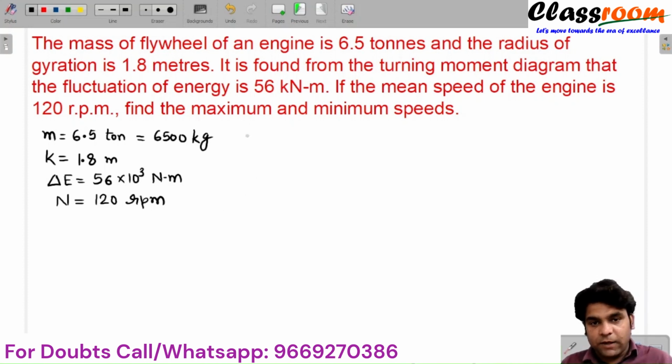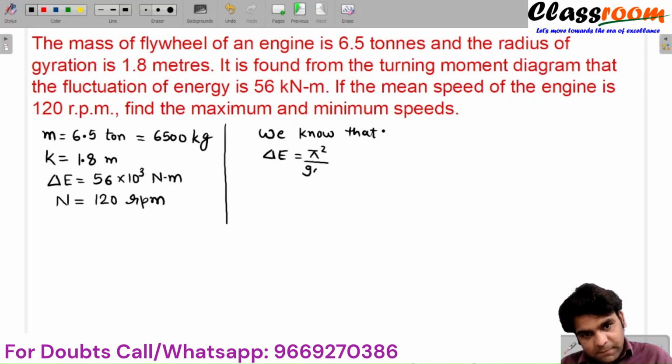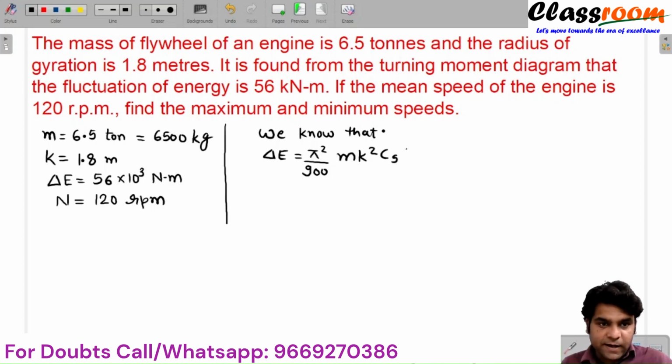Now we know that if Nmax and Nmin are the maximum and minimum speeds of the flywheel, then delta E in terms of rpm speed is pi square by 900 m k square Cs into N, that is the mean speed.